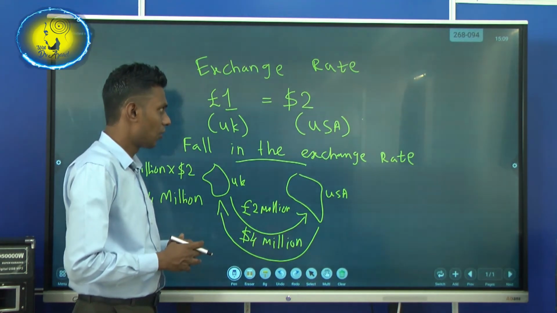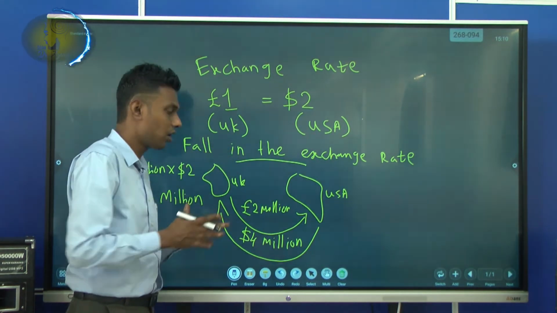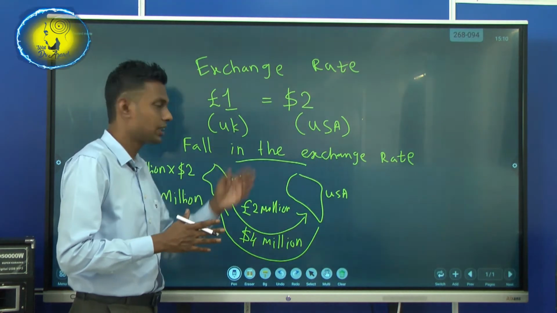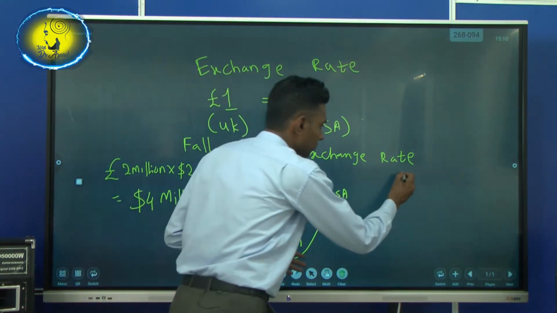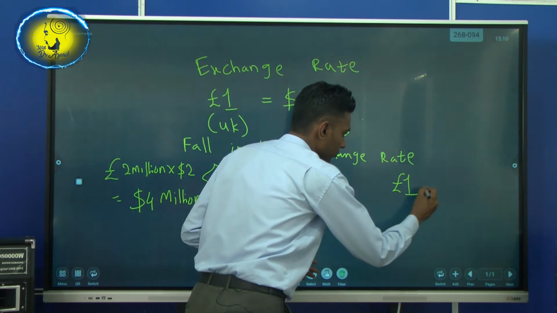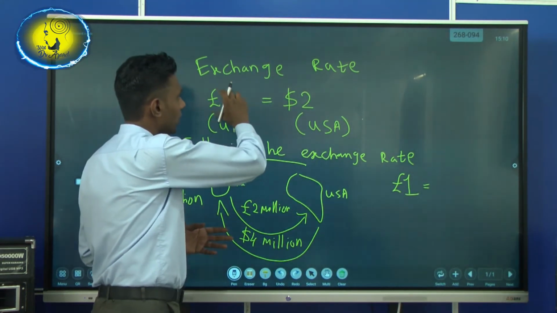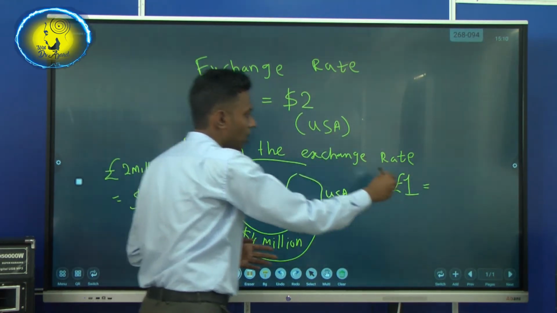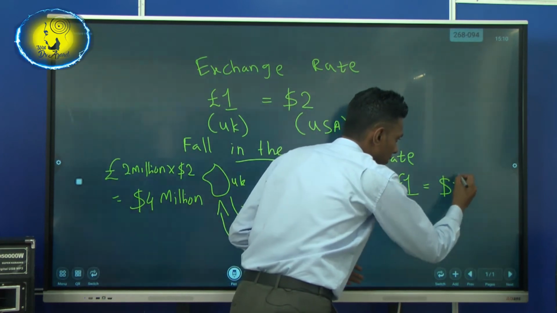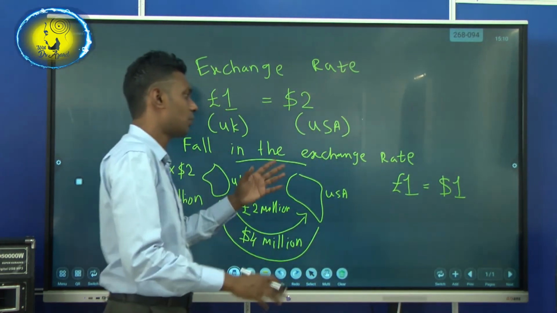Now what if the exchange rate falls, children? Before, 1 pound equaled $2. Now 1 pound equals just $1.